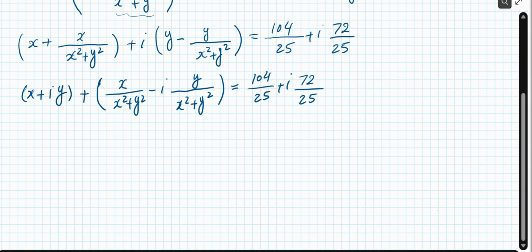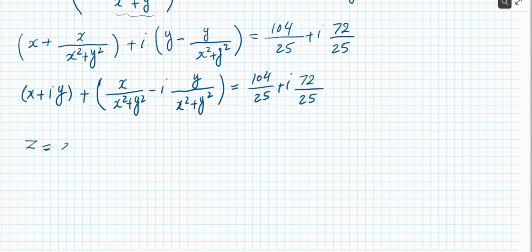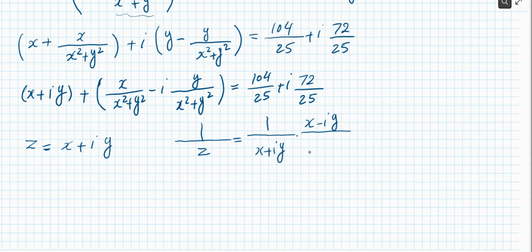We now assume that z is equal to x plus iy. And 1 over z is equal to 1 over x plus iy. Multiply both sides of this equation by x minus iy to write it into a standard form.